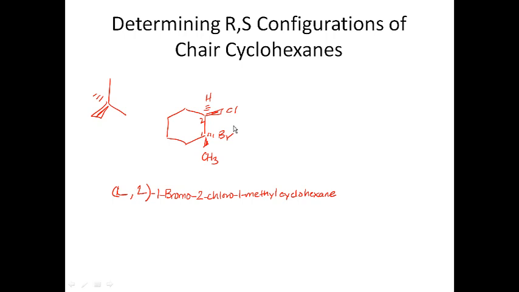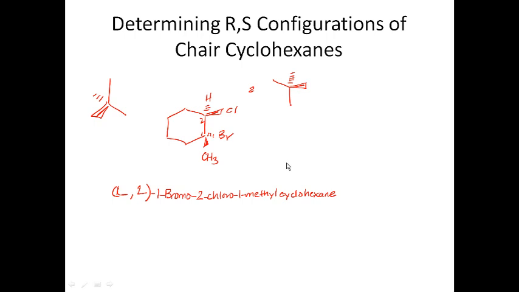Now, the easiest way, I think, to look at cyclohexanes and determine R and S configurations is simply to isolate the carbon that you're going to look at. So let's say I'm going to look at carbon 2. I'm going to draw carbon 2 in exactly the same orientation that it was in the cyclohexane form.